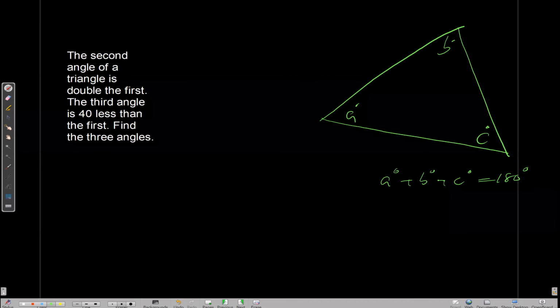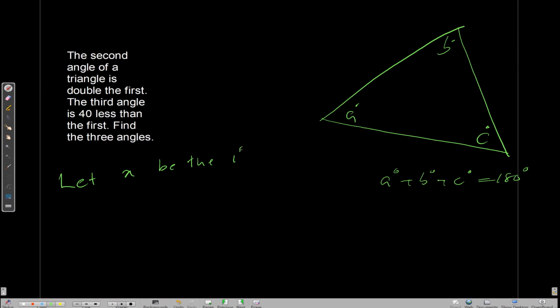The second angle of a triangle is double the first. So, let x be the first. So the second angle is 2x. The third angle is 40 less than the first. You can choose them in any order.